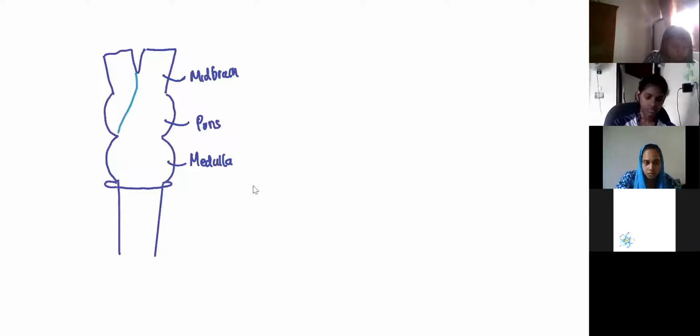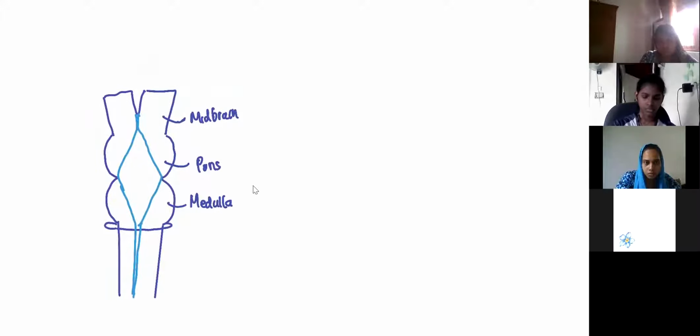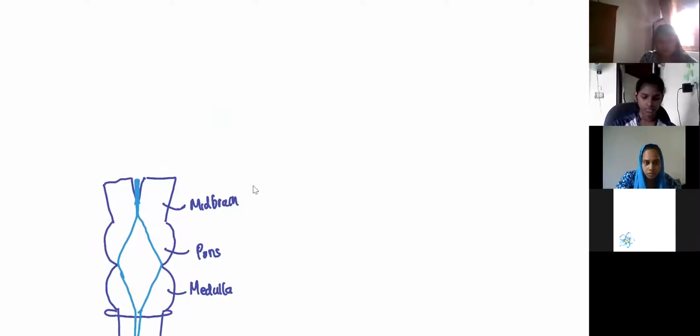And I told you this is the fourth ventricle, this is the spinal canal, and this is the cerebral aqueduct. Okay. From here, this will move anteriorly like this. The third ventricle forms and it moves anteriorly like this.